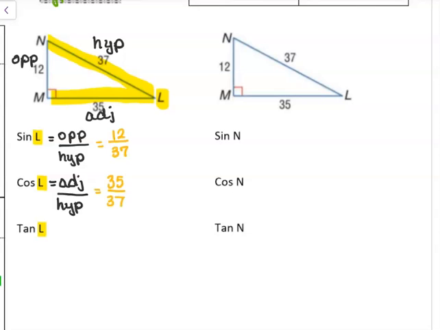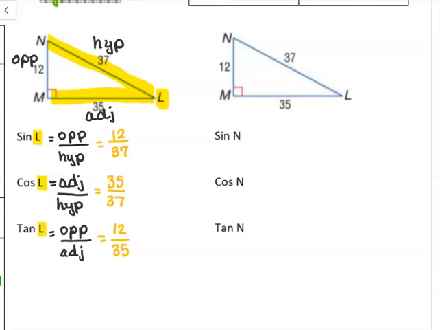So it's the fraction 35 over 37. And our last one is the tangent. So that would be the opposite side divided by the adjacent side. So my opposite side was 12, and my adjacent side was 35.